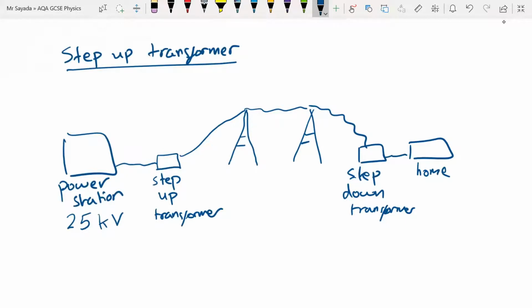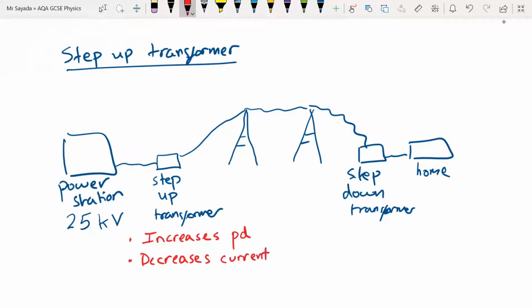Now, what the step-up transformer does is it increases the potential difference. And by increasing the potential difference, it decreases the current. We'll talk about how that works.